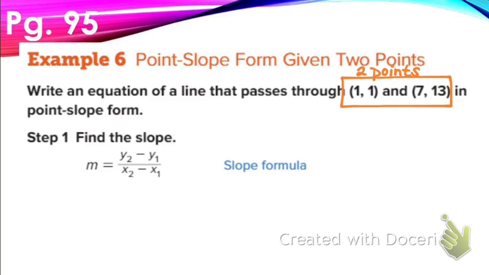Slope is rise over run. Rise is the change in my y values divided by the change in my x values. We're going to have to pick one of these points and call it point 1.